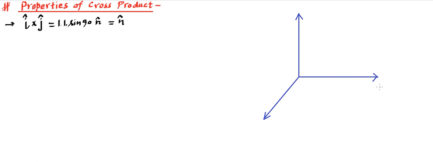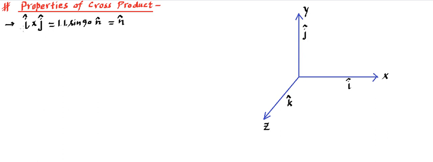This is our x-axis, let's say this is the y-axis, then this is the z-axis. The unit vector in the x direction is going to be i cap, the unit vector in the y direction is going to be j cap, and the unit vector in the z direction is going to be k cap. So i cap, j cap, k cap indicate the directions along the x direction, y direction, z direction.